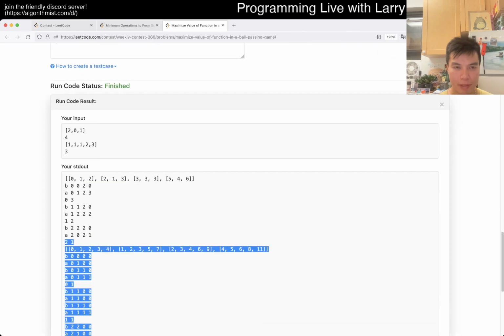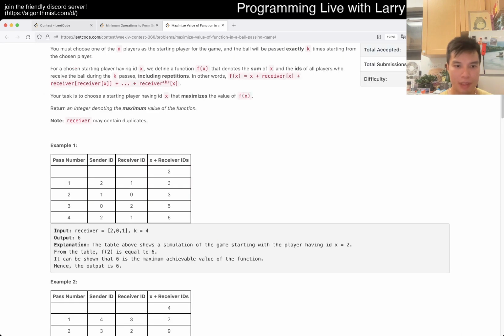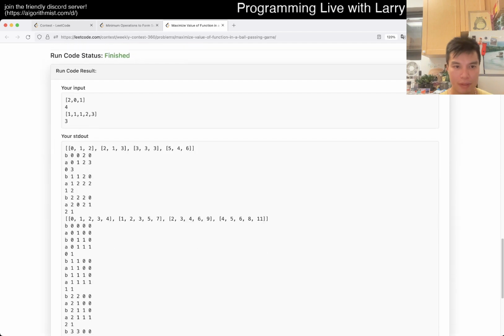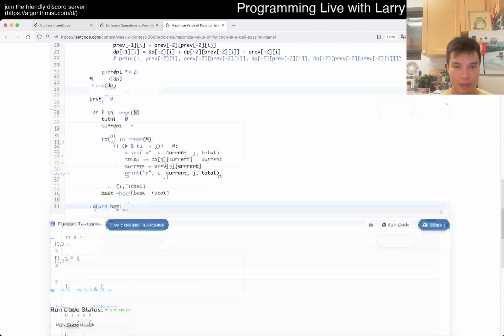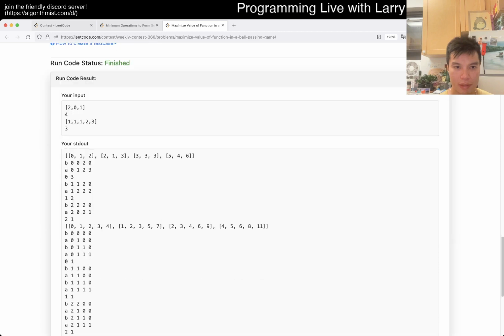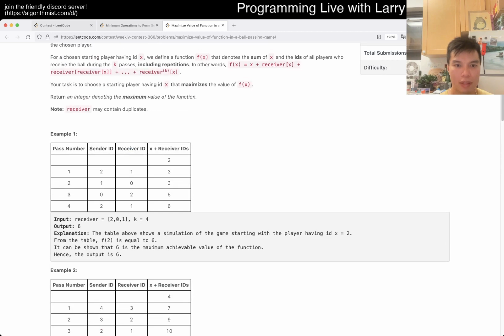After 1 move, so okay, my input is k is 4. I mean that's true, that should be good. So 4 is going to be 2, so it's going to be 2 to the 2.